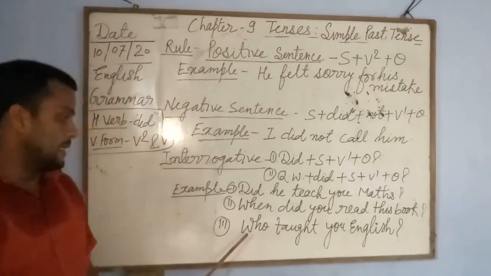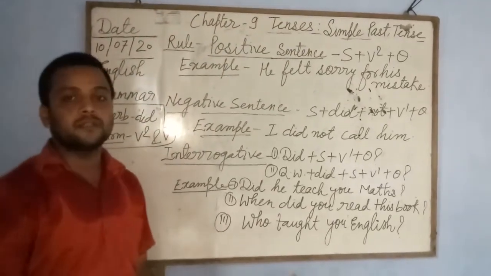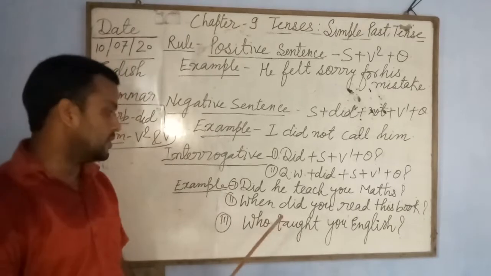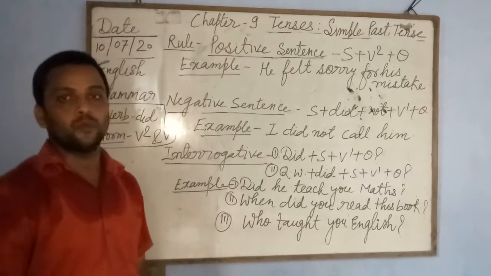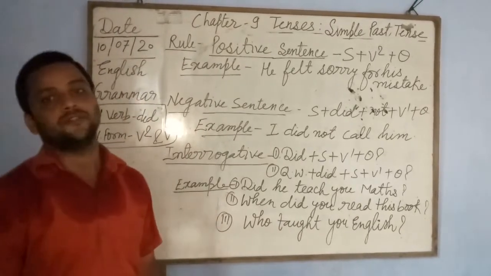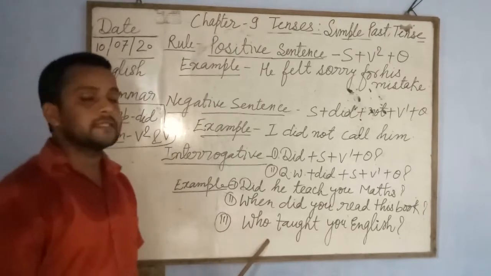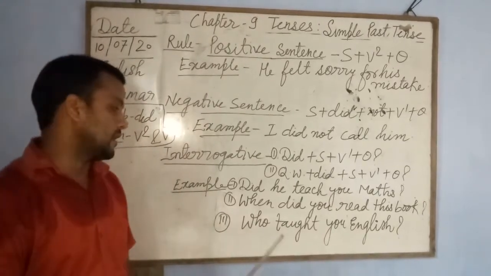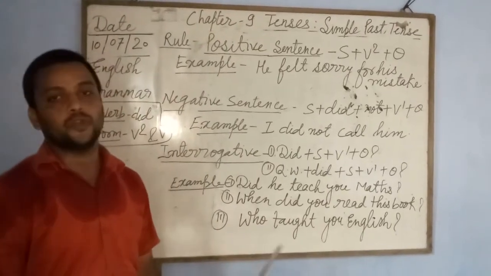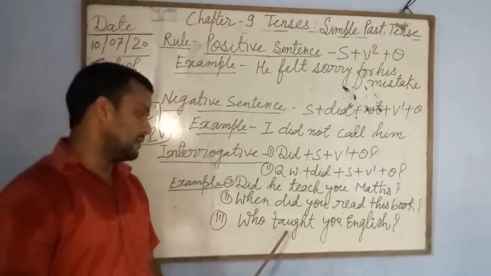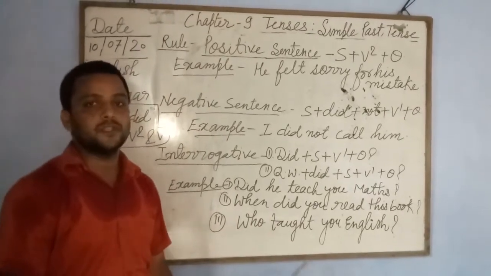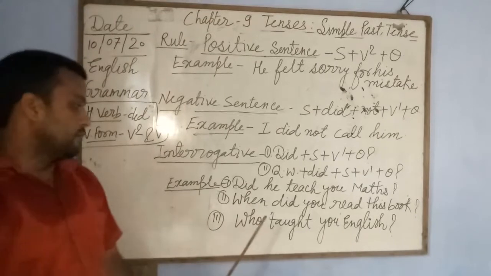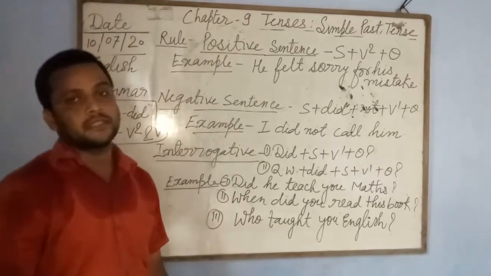Then we never use did with who. Who never agrees with did when the sentence is only interrogative. And when we do not use did, then in that situation, we use verb second form.